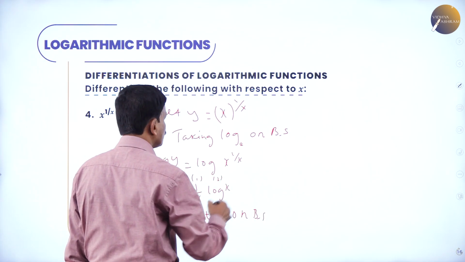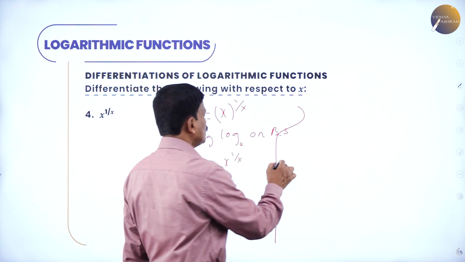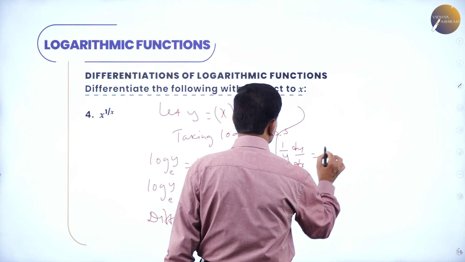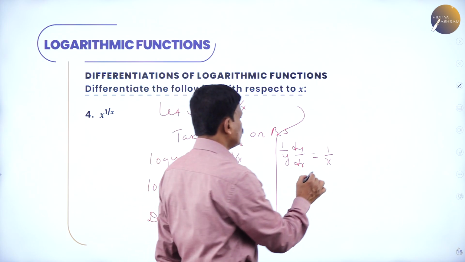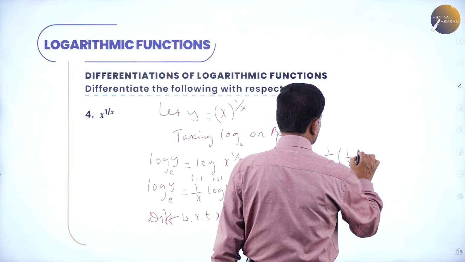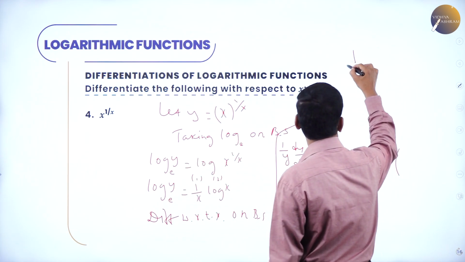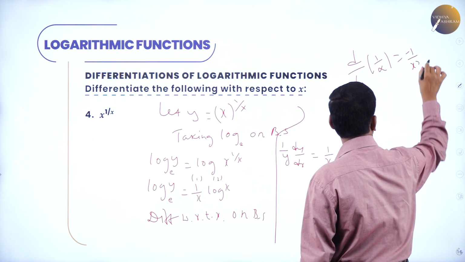First function, second function. Now differentiation of log y is 1 over y, 1 over y dy by dx is equal to, UV method, 1 over x into differentiation of log x is 1 by x, plus log x constant and differentiation of 1 by x. What is d by dx of 1 over x? That is minus 1 by x square.